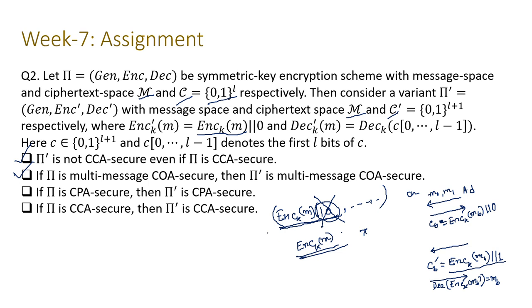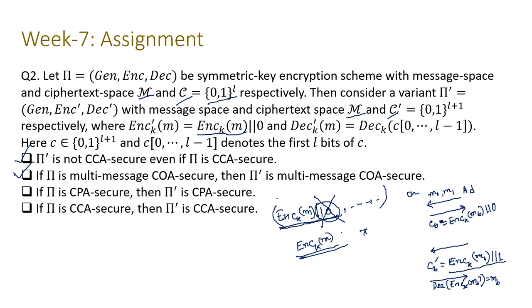But then also the argument remains the same, that if pi dash is not COA secure, then that will imply that pi is also not COA secure. However, pi is known to be multi-message COA secure, so by contradiction we conclude that pi dash is multi-message COA secure.